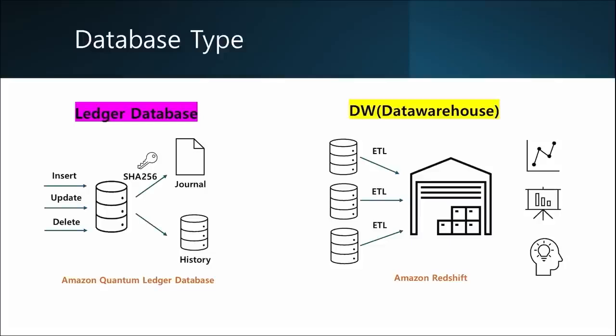AWS provides this database format as Amazon Quantum Ledger Database. Next is the data warehouse. A data warehouse is a warehouse-type data storage that helps you collect data from various data sources into a single warehouse format and analyze and utilize this data. The AWS service that supports this storage is Amazon Redshift.